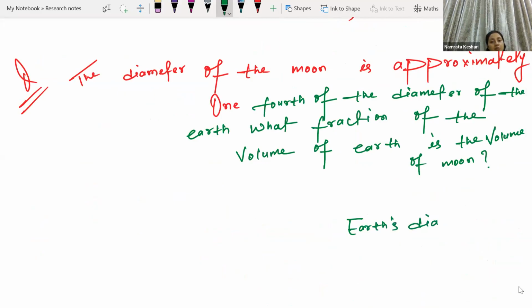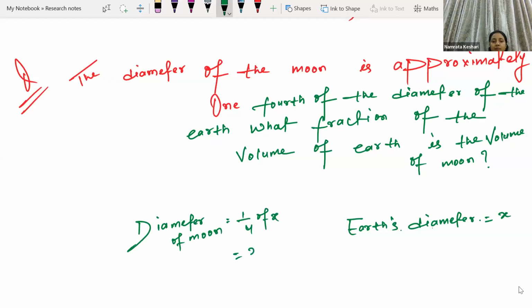If the diameter of earth is x, then the diameter of moon will be 1/4 of this x, that means x by 4. Getting it? Getting it, everyone?